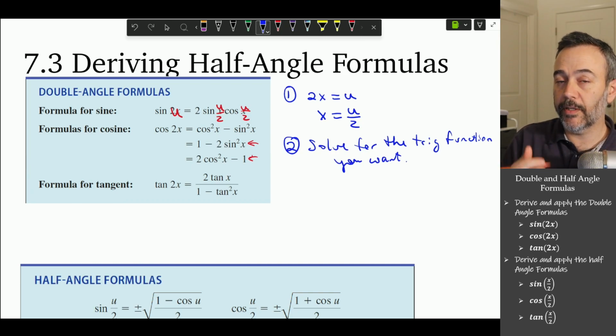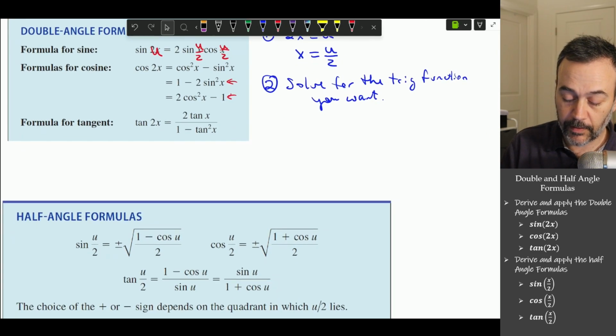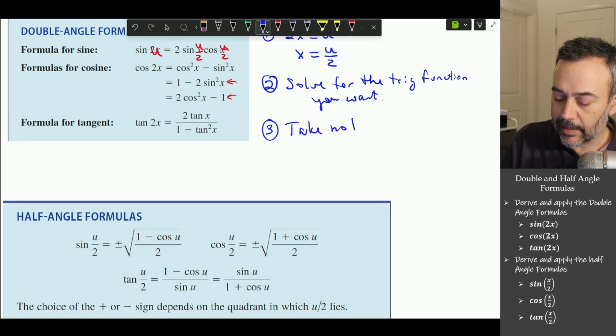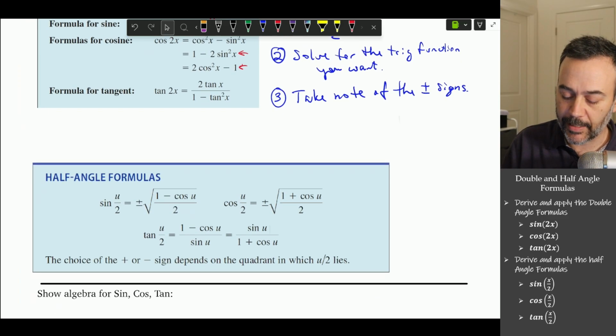So if we're trying to find cosine of u over 2, we'll get cosine of u over 2 by itself. And then step 3, just take note of the plus and minus signs. We'll discuss how to handle the plus and minus signs that come out of this.